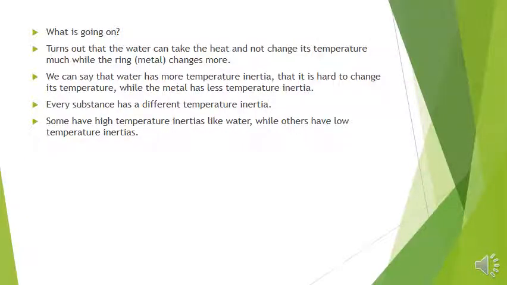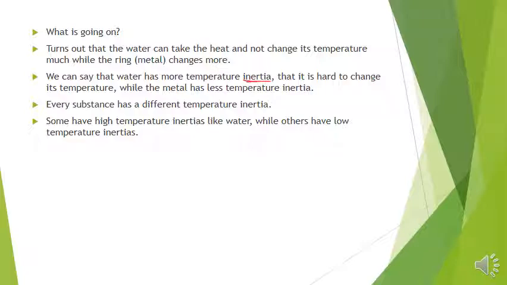So what's going on? It turns out that water can take the heat and not change its temperature very much, while the ring changes more. The water is calm and cool and collected. It can take a lot of heat and not change, while the ring will change very quickly. What you can say is water has temperature inertia, and there's that word inertia.